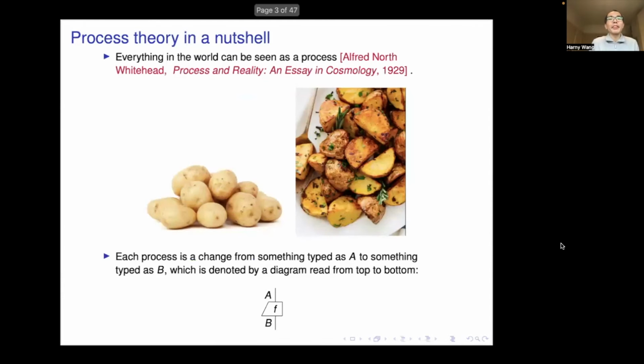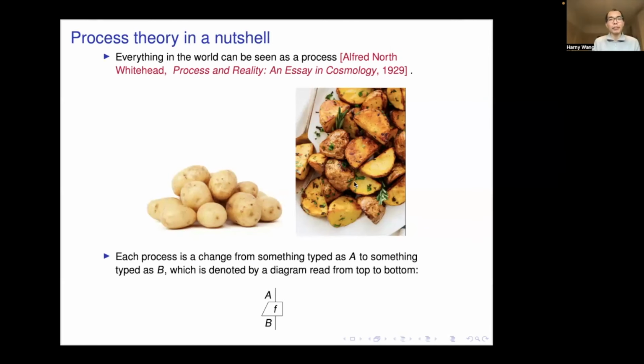So first, according to Whitehead, everything in the world can be seen as a process. For example, if you like cooking, you have a raw potato, and then you roast it. This cooking can be seen as a process from raw potato to roasted potato.